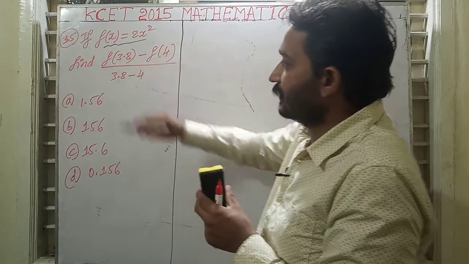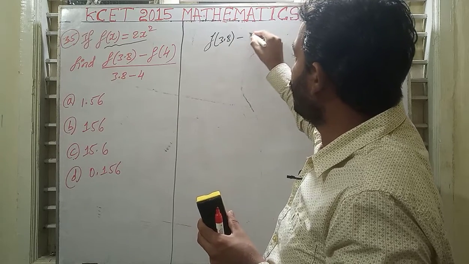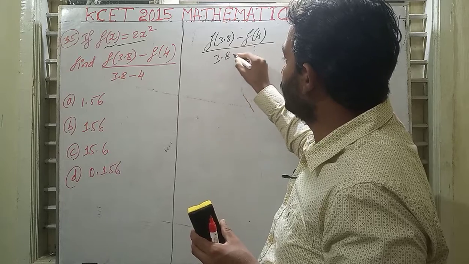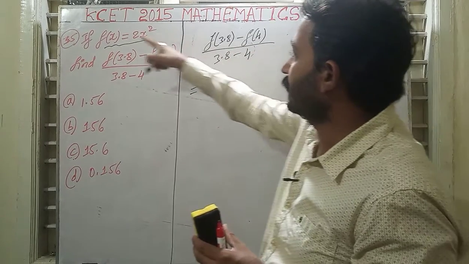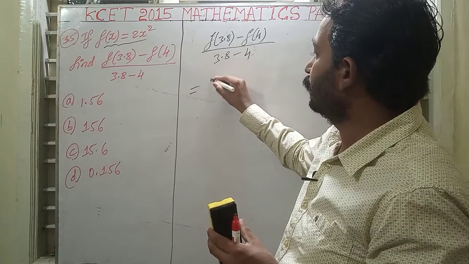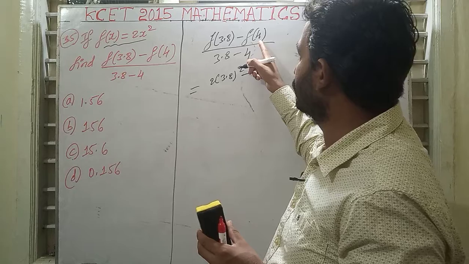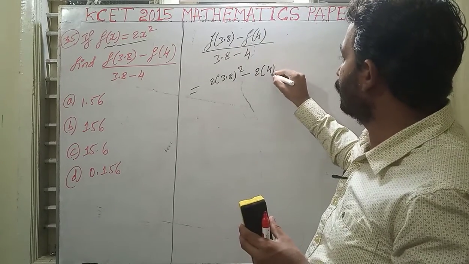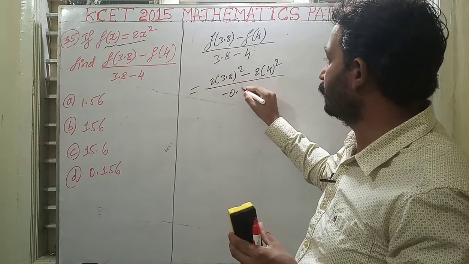So now let us take f of 3.8 minus f of 4 divided by 3.8 minus 4. Here x is replaced with 3.8 in 2 into 3.8 whole square, minus here also x replaced with 4, 2 into 4 square, divided by 3.8 minus 4, which is minus 0.2.